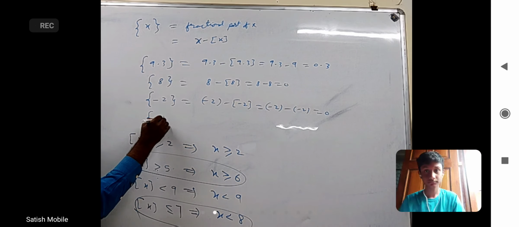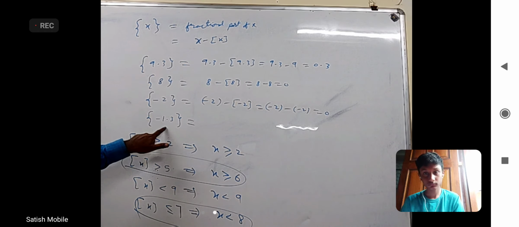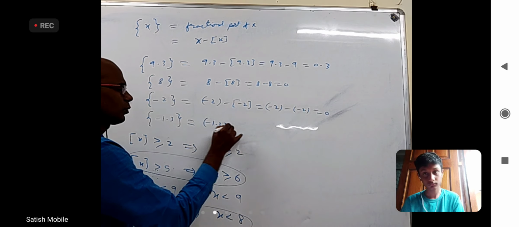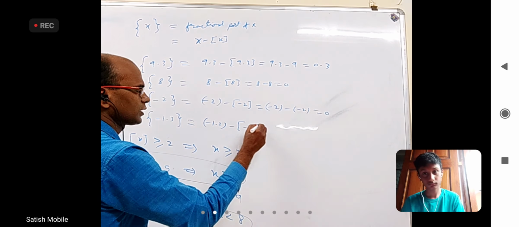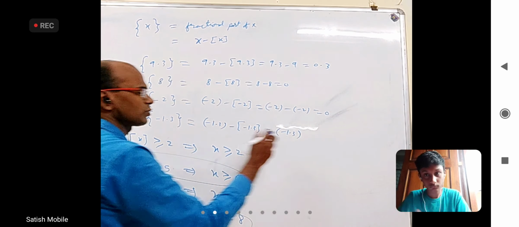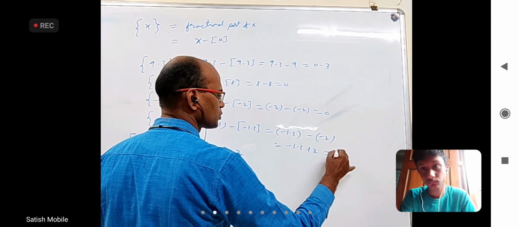Fractional part of minus 1.3, we have to be a little careful. Here we should not say 0.3, because the integer part is not minus 1. If you use the formula, you get minus 1.3 minus integer part of minus 1.3. The integer part of minus 1.3 is not minus 1, it is actually minus 2. So minus 1.3 plus 2 will be 0.7.